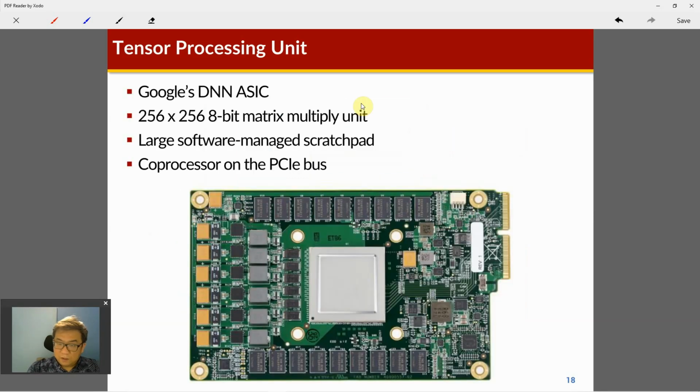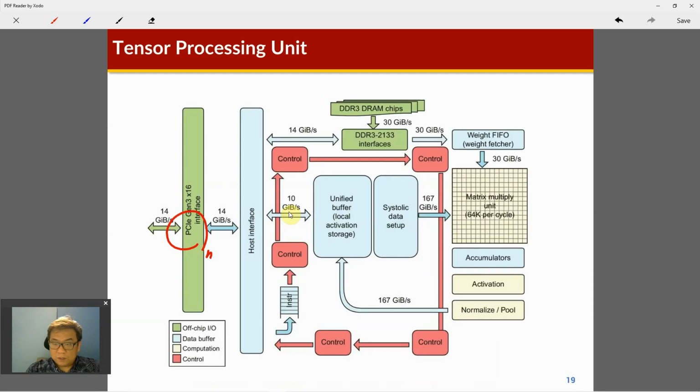The TPU board has DDR3 memory chips, and these DDR3 DRAM chips are connected to the TPU. There is a DDR memory controller inside of the TPU chip.